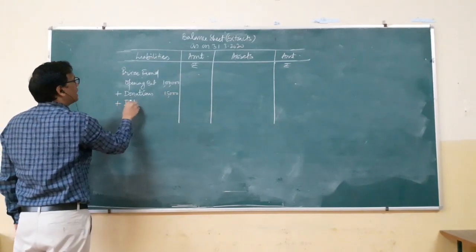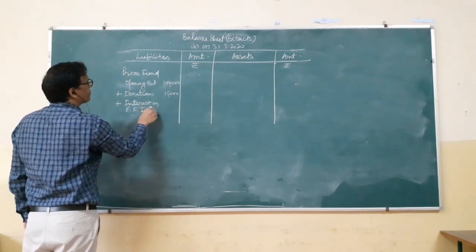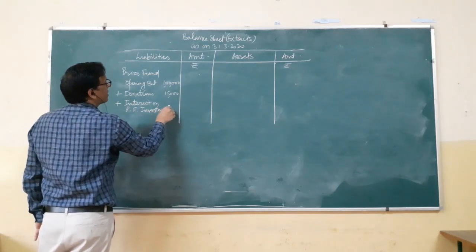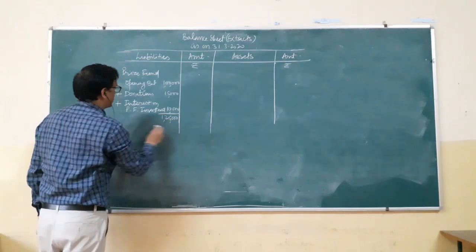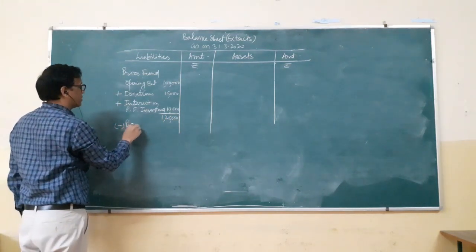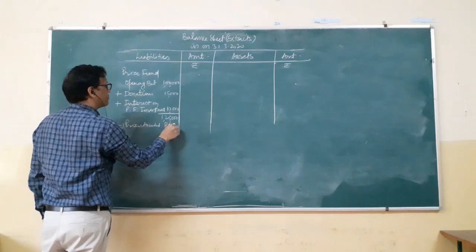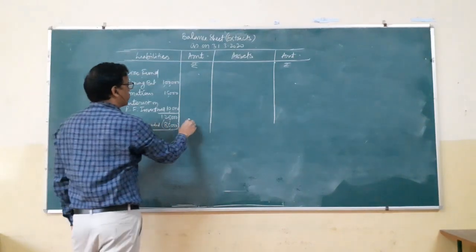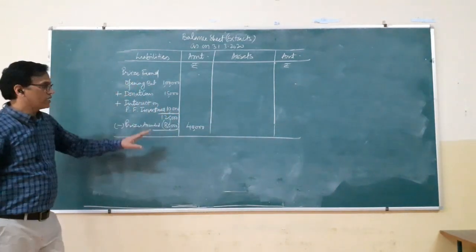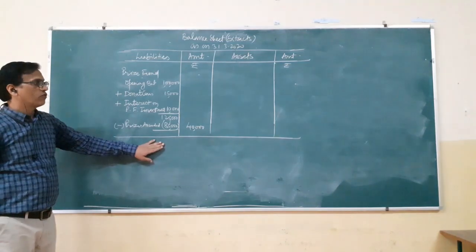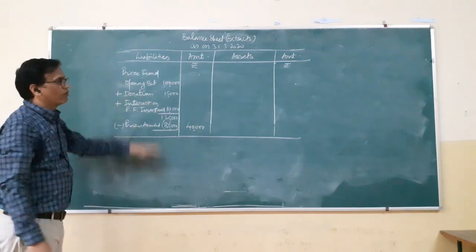And we add interest on prize fund investment, 10,000. Total amount is 125,000 minus prizes awarded, 85,000 rupees. The difference of 40,000 will be taken to the balance sheet amount. So this is the amount of prize fund for the year ending on 31st of March 2020. Okay, this way we will show it.